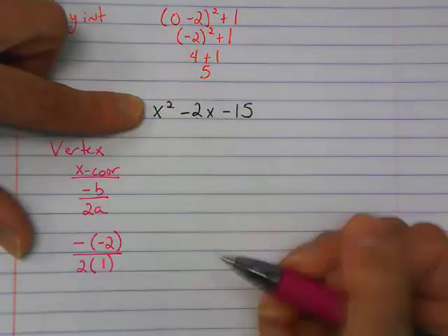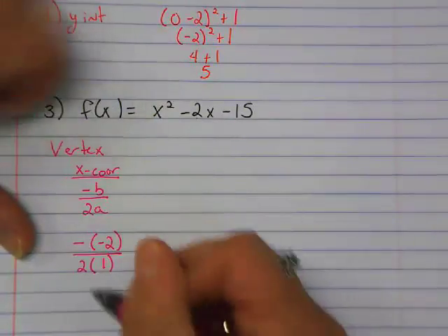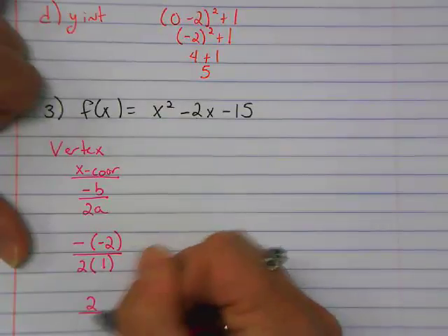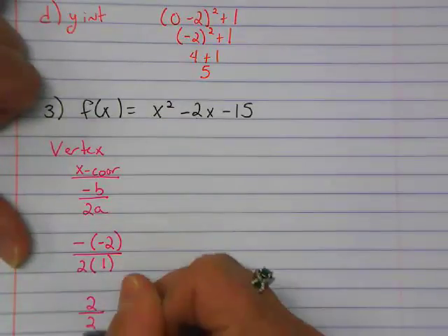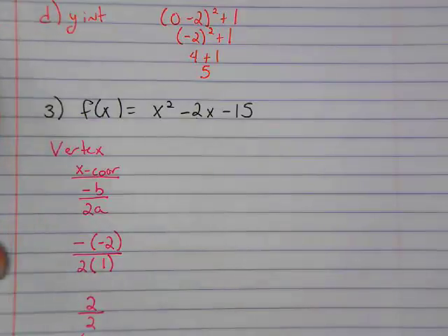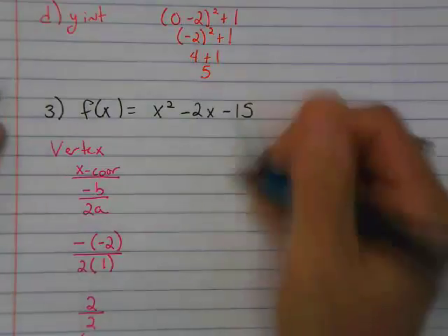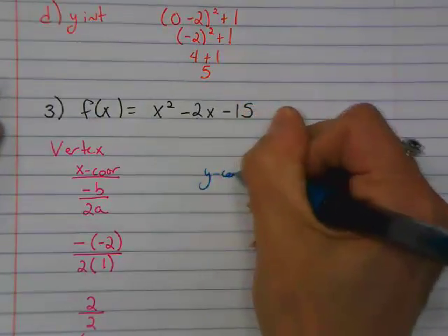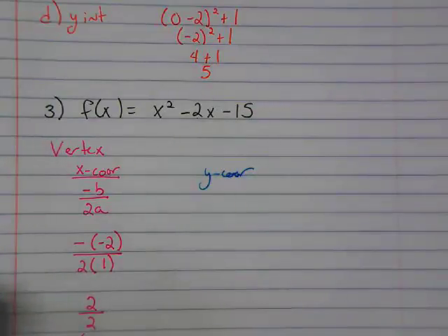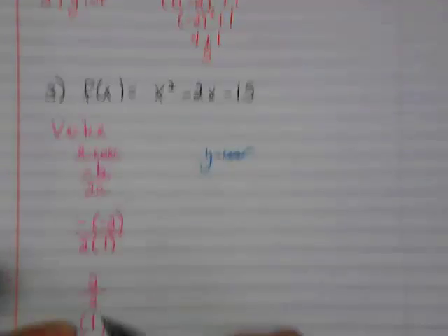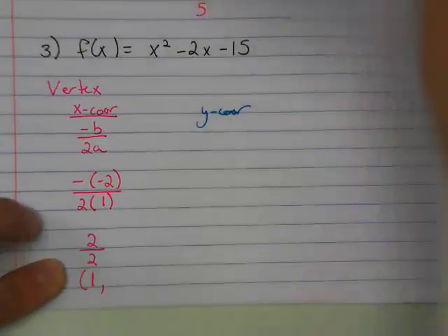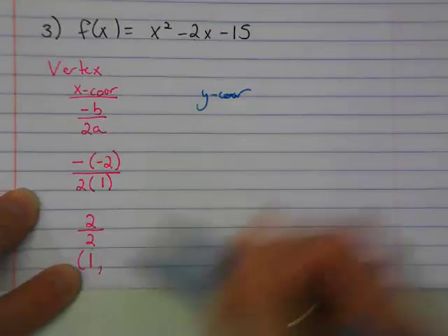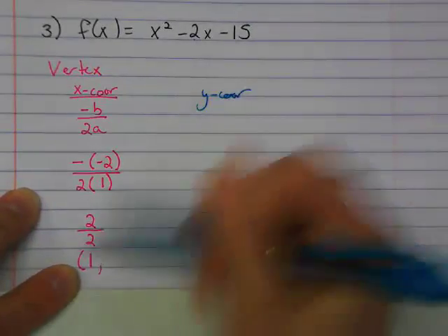So I get 1 minus 2 minus 15. And so that gives me, what, negative 1 minus 15 is negative 16. So this is my vertex. Okay? So a lot of work when they're not in the other form for you to be able to get your vertex.